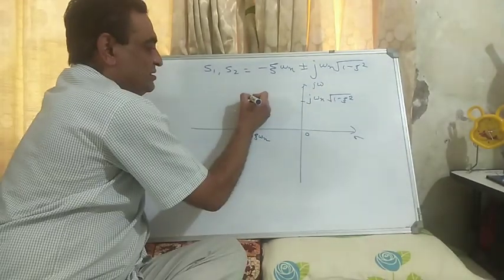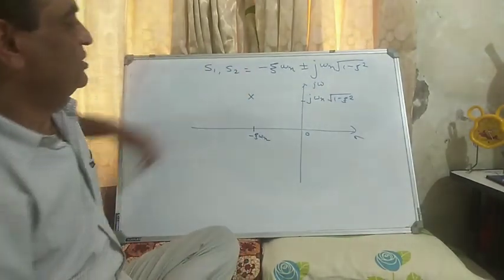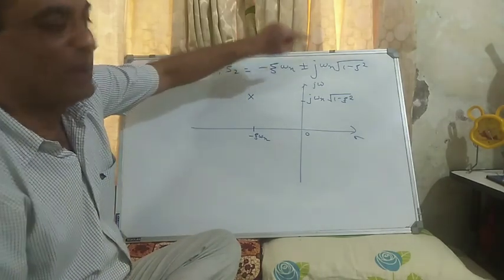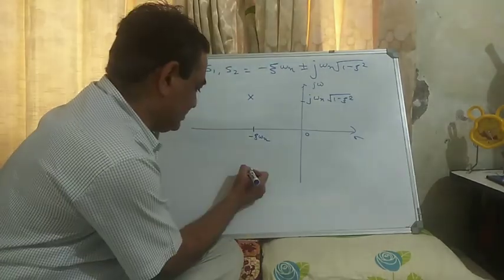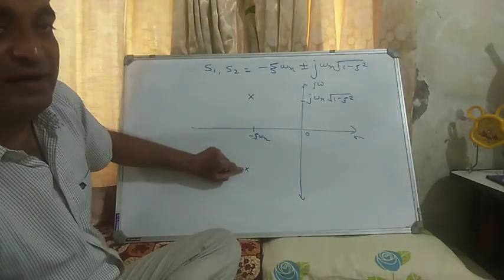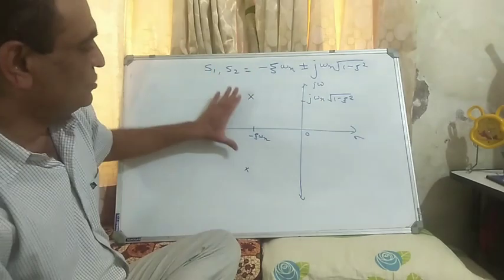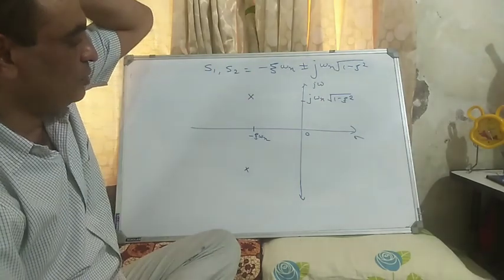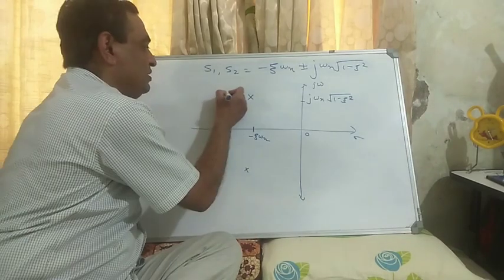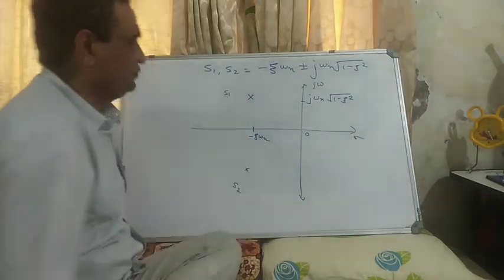So this would be the pole: minus xi omega n plus j omega d, and this is minus xi omega n minus j omega d. These are the two locations of the poles S1 and S2. This is S1 and this is S2.